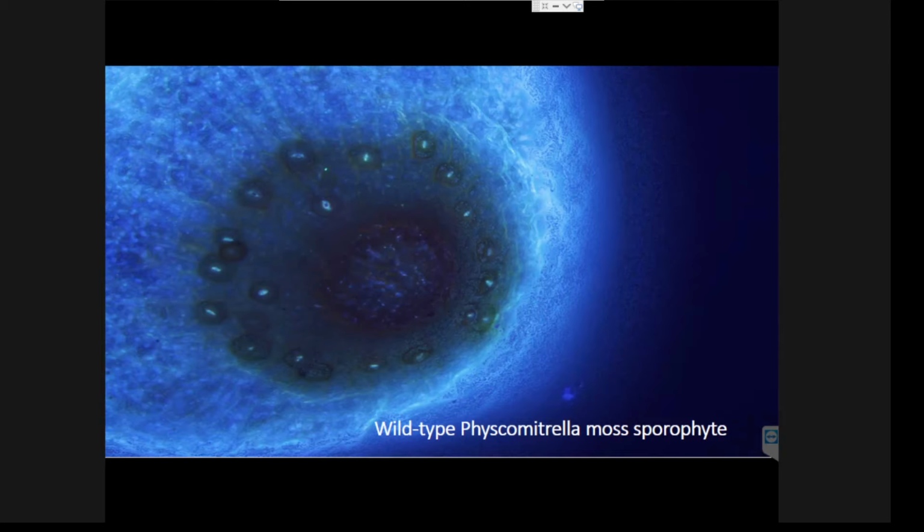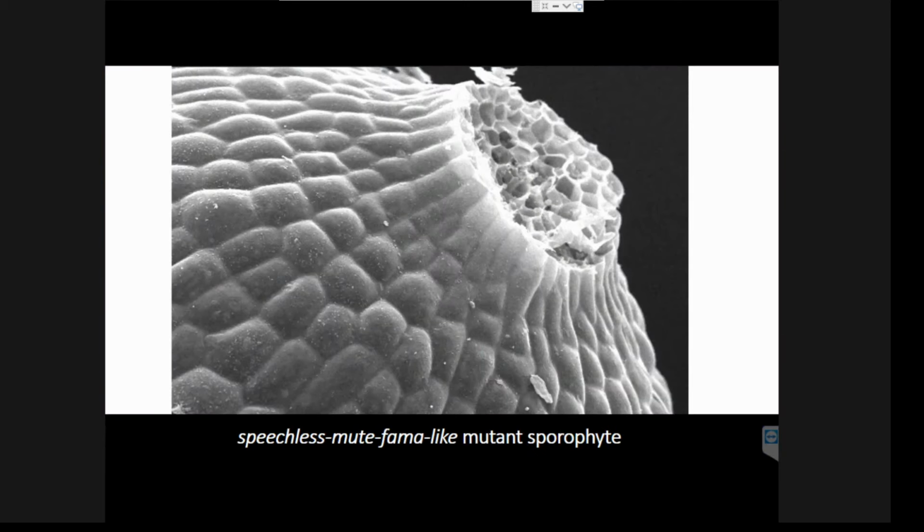Now, if you delete a bHLH transcription factor, which is similar to the Arabidopsis SPEECHLESS, MUTE, and FAMA, you completely remove the ability to produce stomata.